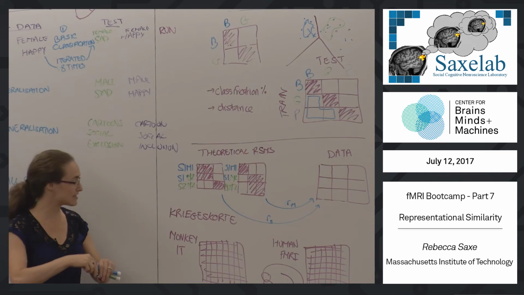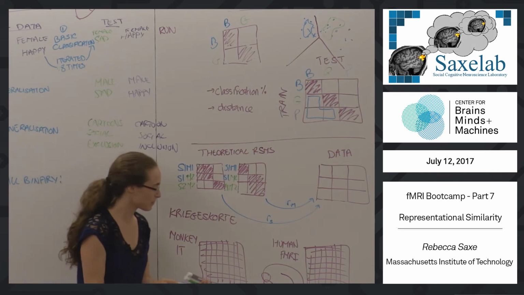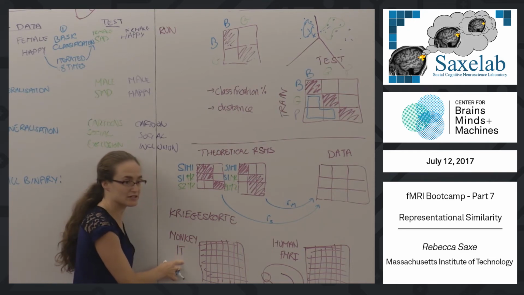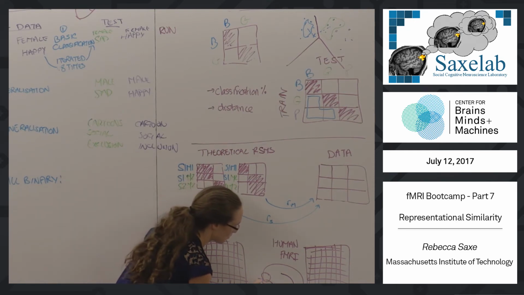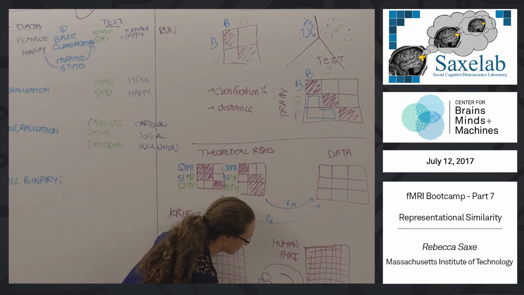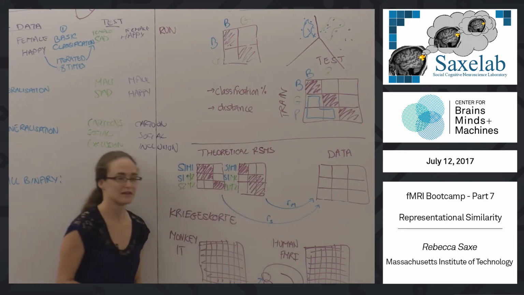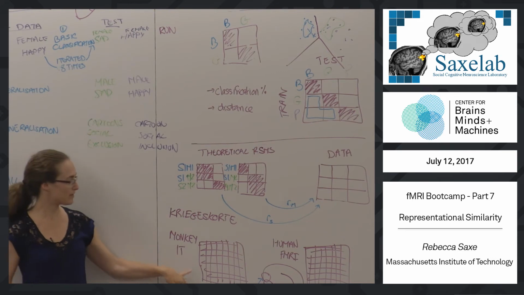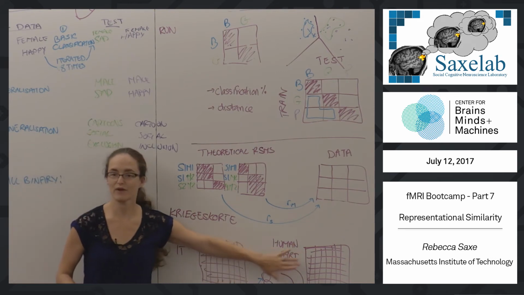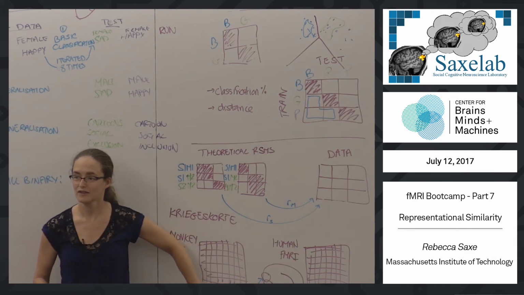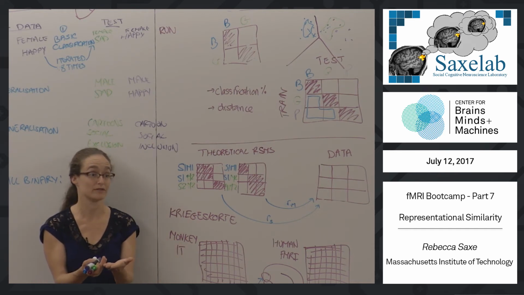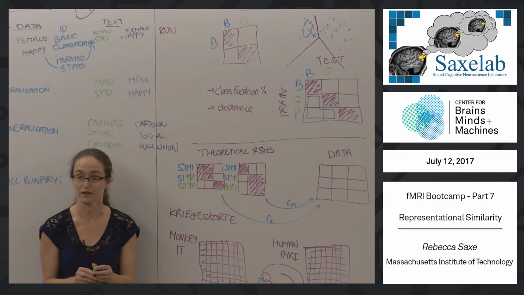And so that gives us this natural question. For monkey IT, we have one representational similarity matrix. Which local region of human fMRI is it most similar to? What makes it possible is that the human fMRI data and the monkey single unit recording data can be translated into this common language where they're directly comparable, right? The language of representational similarity matrices.